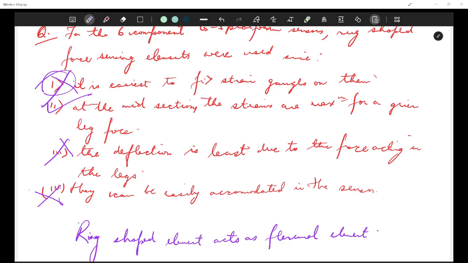So for the 6-component Gauss-Stewart platform, all the questions are related to that. Flexural joints are used since kinematic joints have friction, which results in inaccurate measurements. The desired bending stiffness can be obtained. They can withstand more loading, or they are easier to model and analyze. Okay, so what is the goal of the sensor?